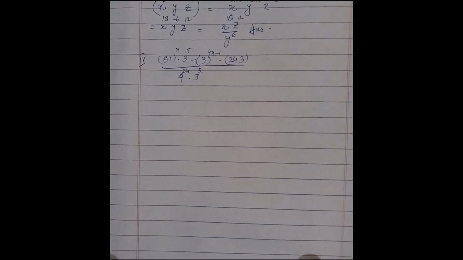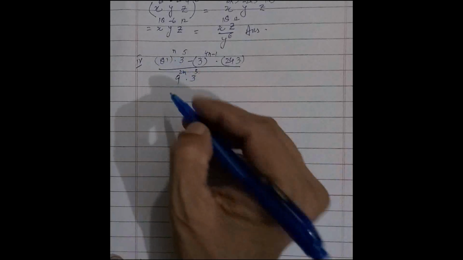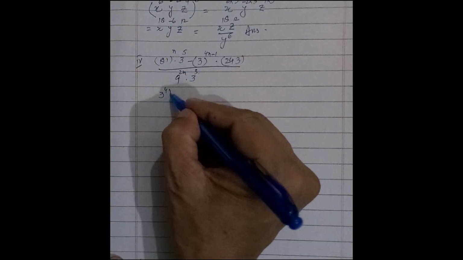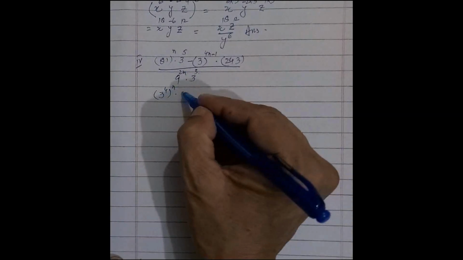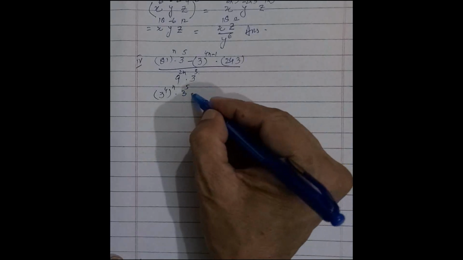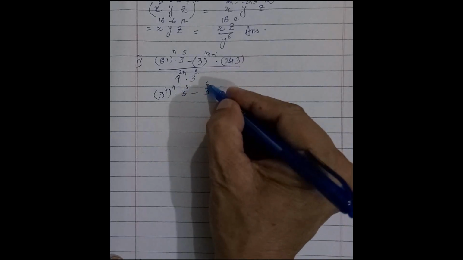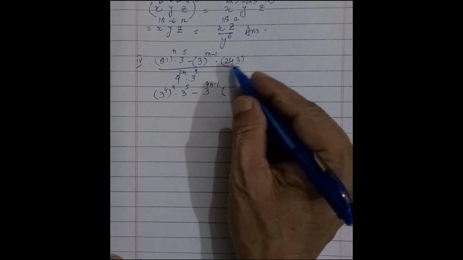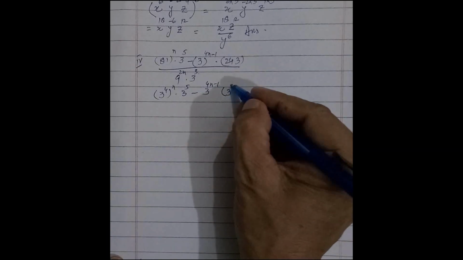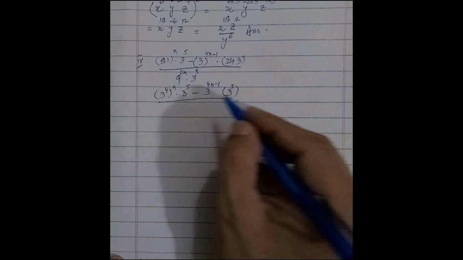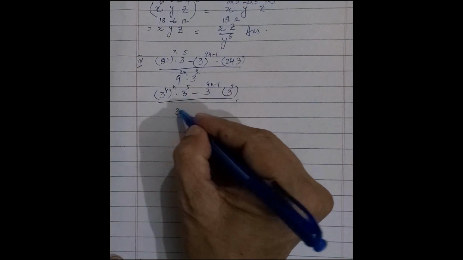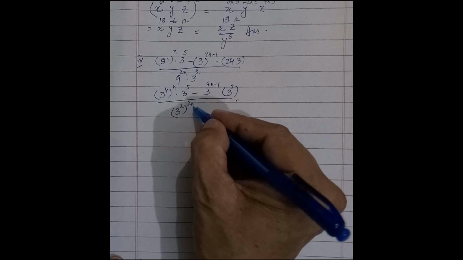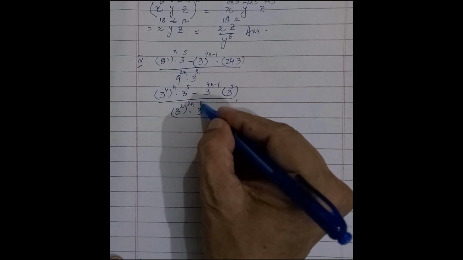Now we factorize these values. 81 is 3's power 4 whole power n into 3's power 5 minus 3's power 4n minus 1 into 243, which is 3's power 5, over 9, which is 3's power 2 whole power 2n into 3's power 3.